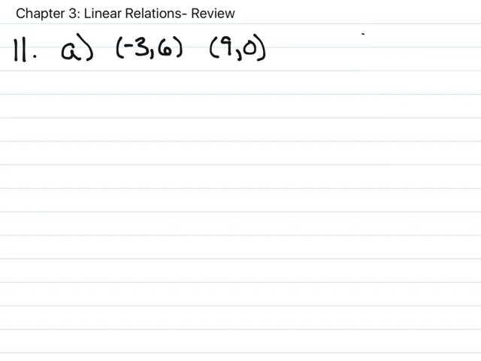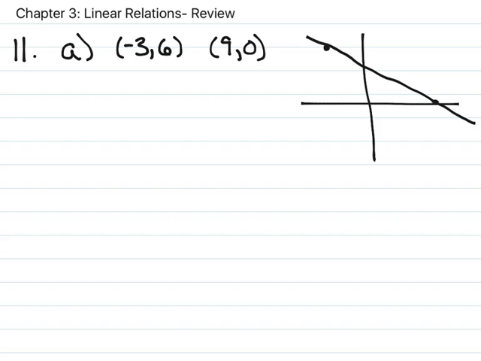Off to the side, it's relatively straight. So we're going from negative 3, 6, to 9, 0. So it would look something like that, but if you were asked to draw it, you would draw it nice and straight with a ruler and not have it all wavy.